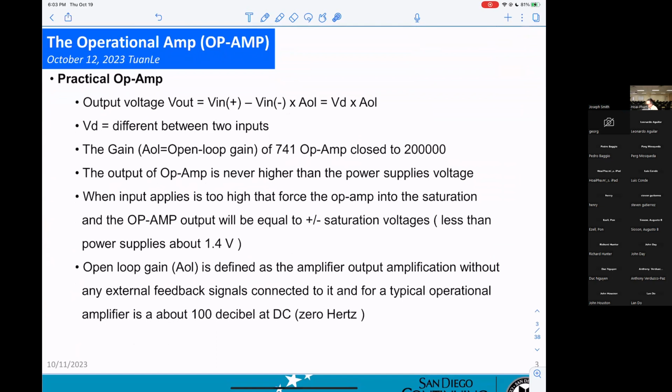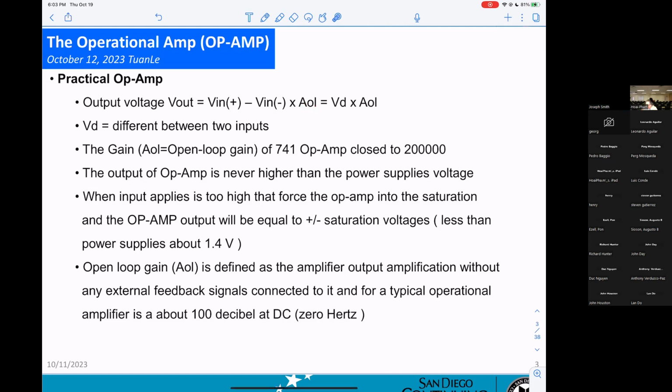Practical op-amp output voltage: Vout equals Vs positive minus Vs negative, that means the difference, times AOL. A means the gain, O means open loop gain.